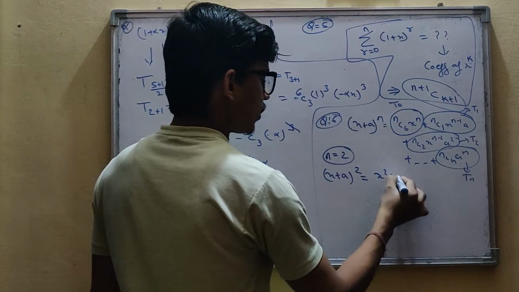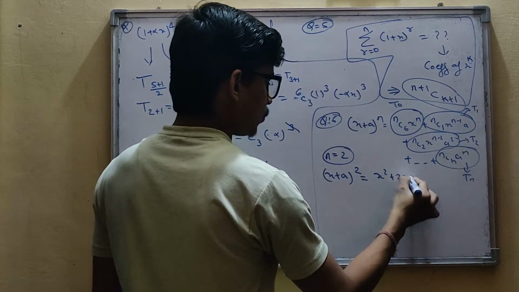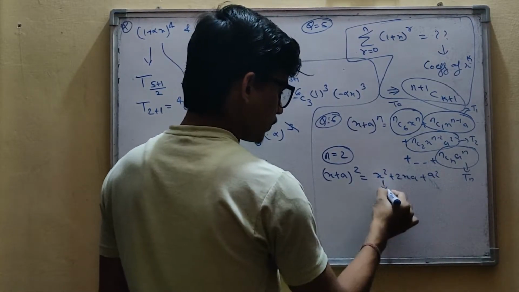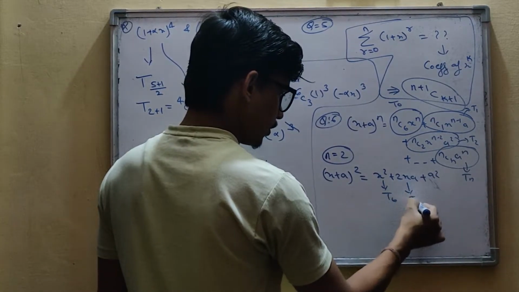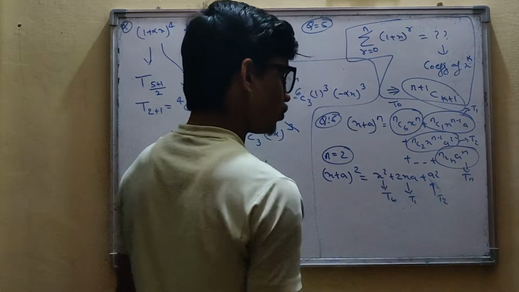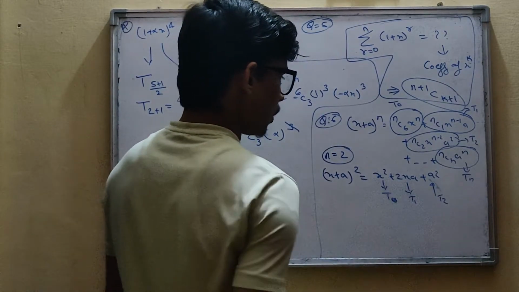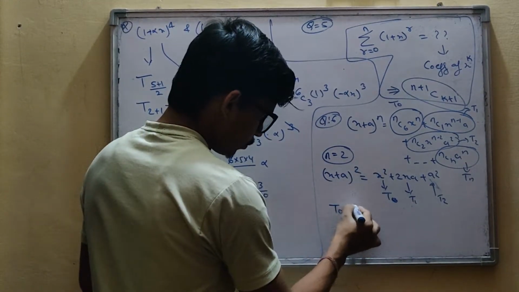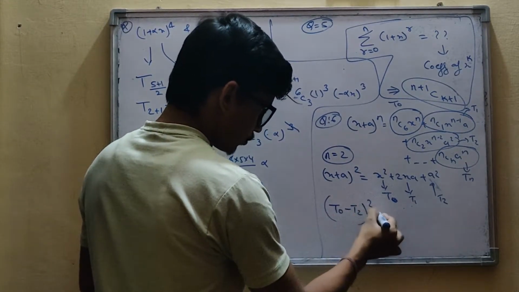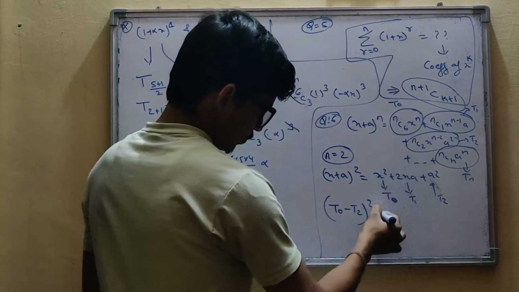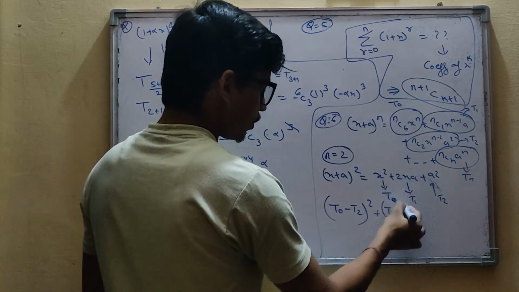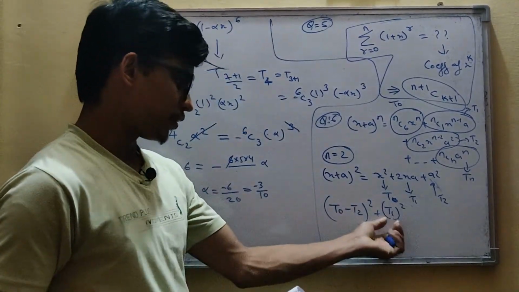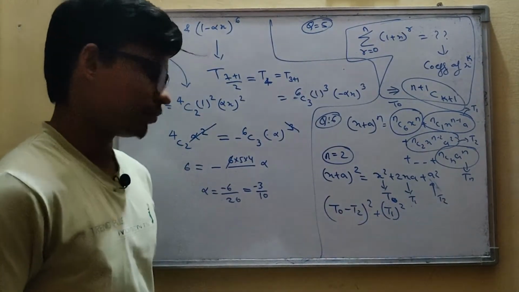And it will be x square plus 2xa plus a square, right? So this will become t naught, this will be t1, and this will be t2. Now according to them, it will be t naught minus t2 plus t1 to the power 2, because there is no t3, so we have to restrict ourselves at t1 only.